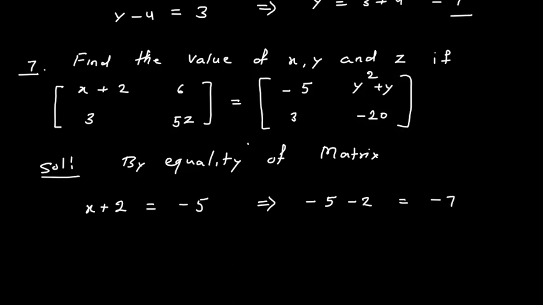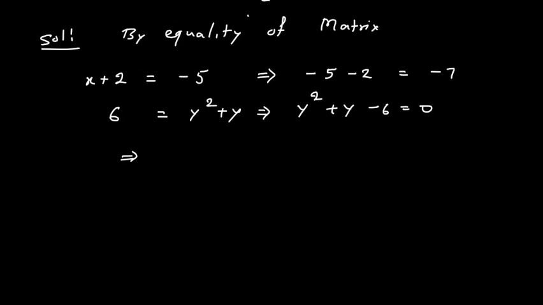Then 6 is equal to y square plus y. Therefore from this we get a quadratic equation, y square plus y minus 6 is equal to 0. If we solve this, we get y square plus 3y minus 2y minus 6 is equal to 0.